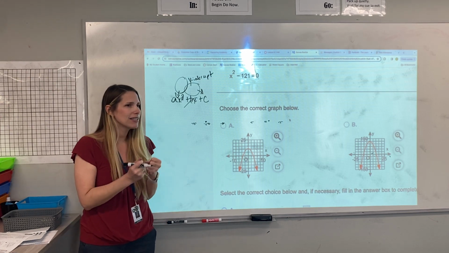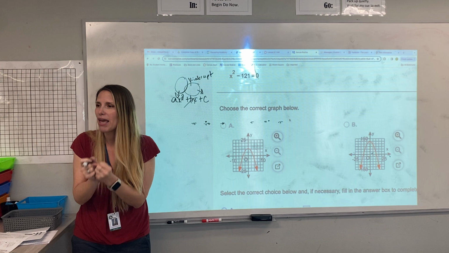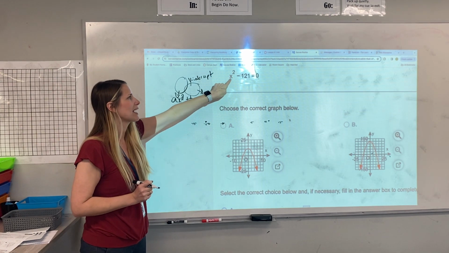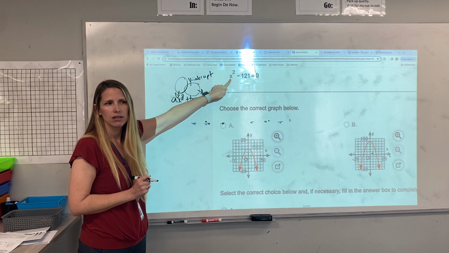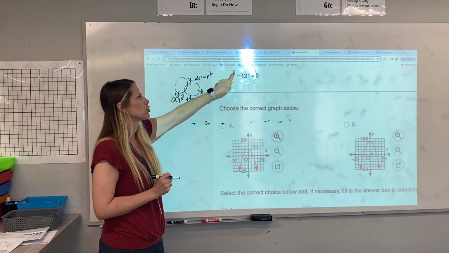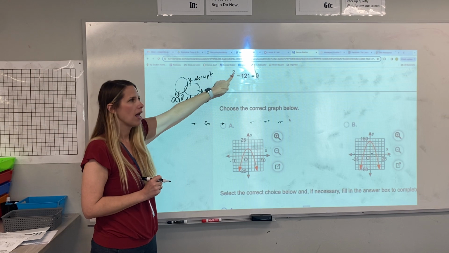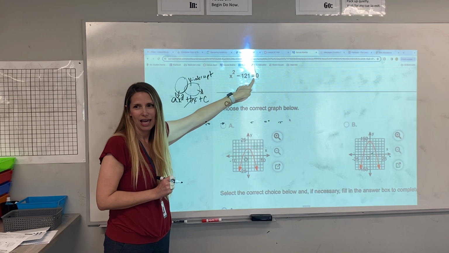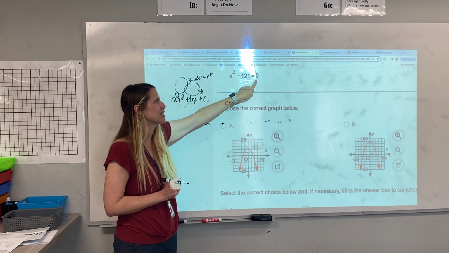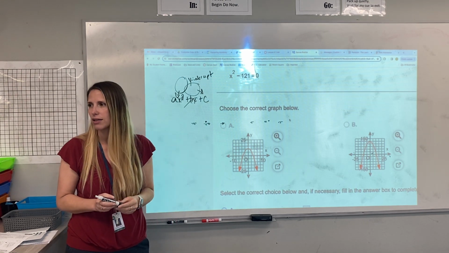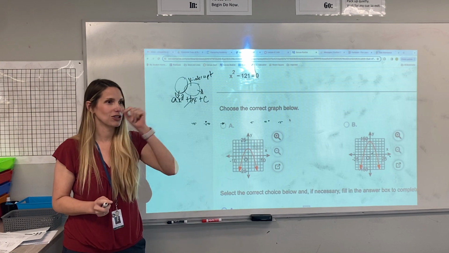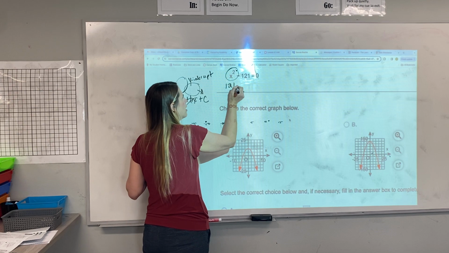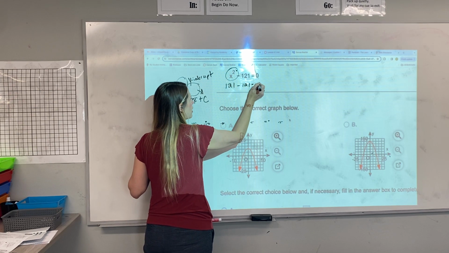So if we want the numbers that make the y value 0, think about what x has to be so that when it's squared and you subtract 121, you get 0. In order to subtract 121 to get 0, what does x squared have to be? 121.